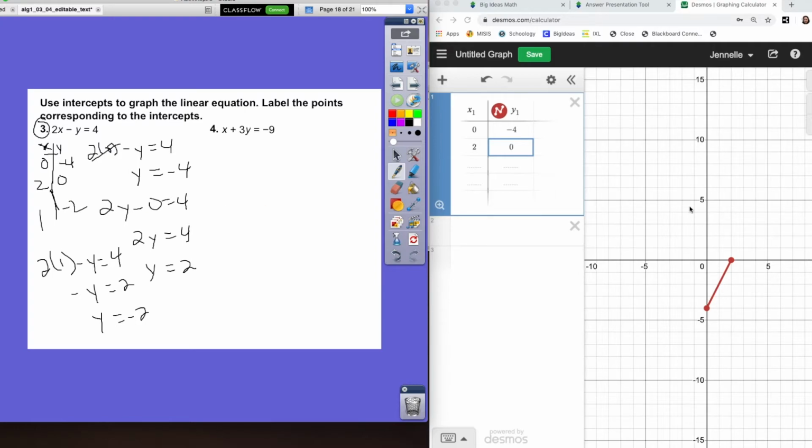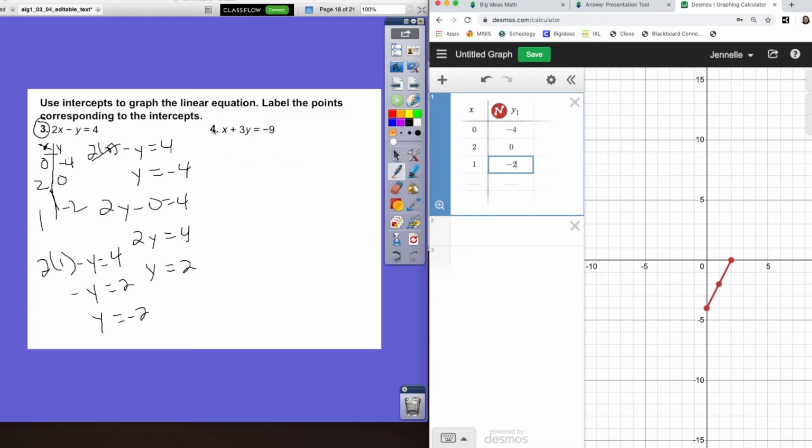Aha. Let's look. We're going to check. 1, negative 2. Let me plug it in. Whoops, I messed up my graph here. 1 and negative 2. And there it is. This is how you graph it.